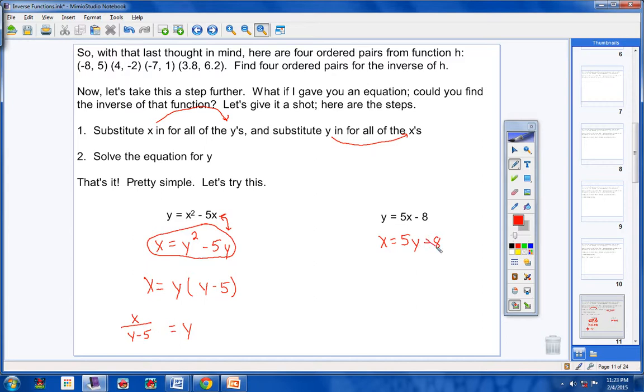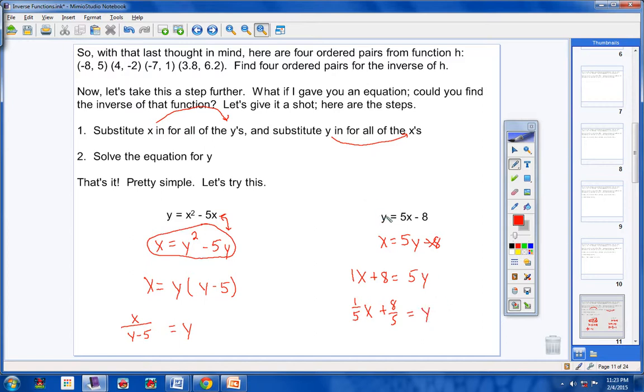So we're going to bring the positive 8 over, or bring the negative 8 over, and make it positive. Next, we're going to divide by 5 to get y by itself. So there's really a 1 right here, don't forget that. So we have 1/5 x plus 8/5 equals y. Now I'd like to show you something you need to see, students.